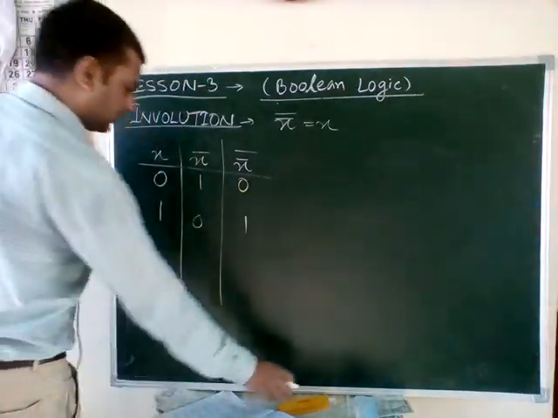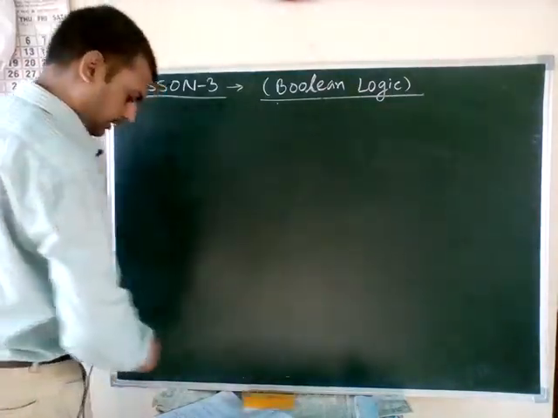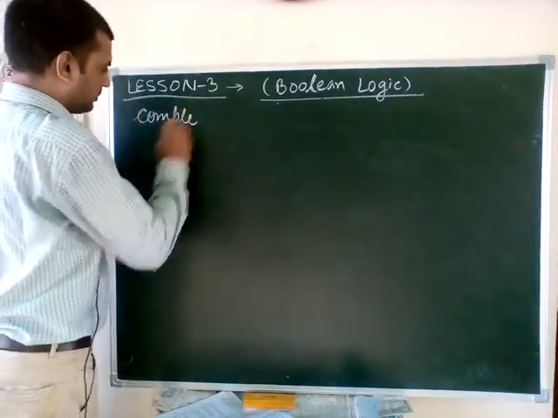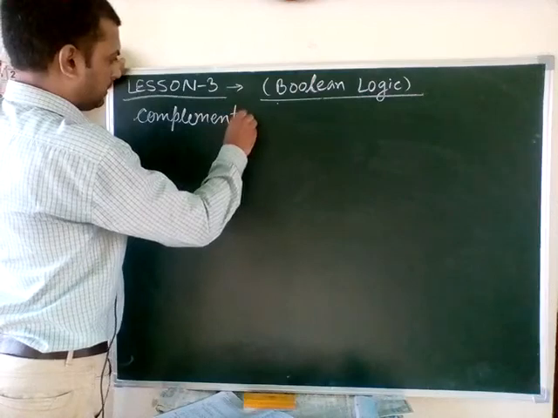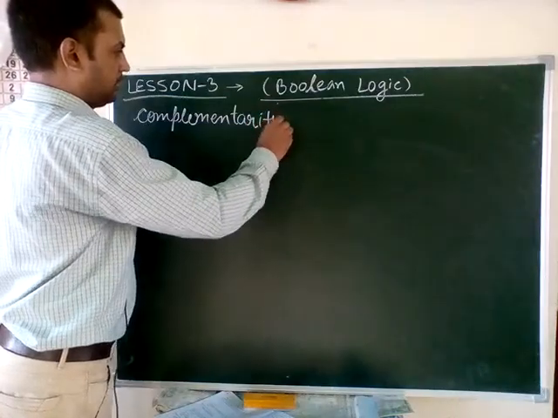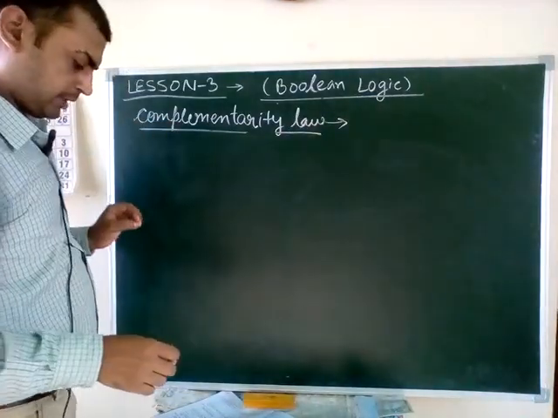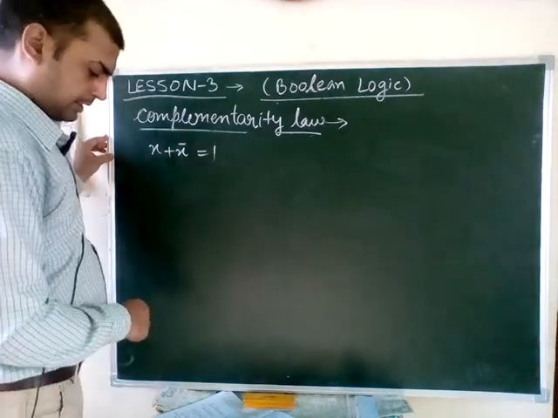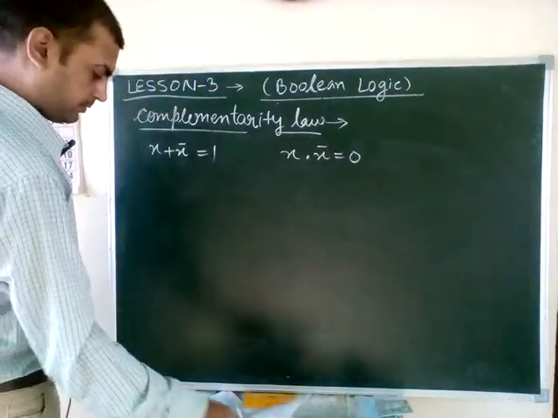Now the next is complementarity law. In this, x plus x bar is equal to 1, and the second is x dot x bar is equal to 0.